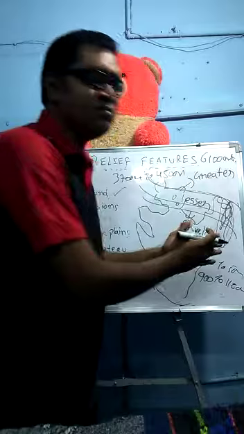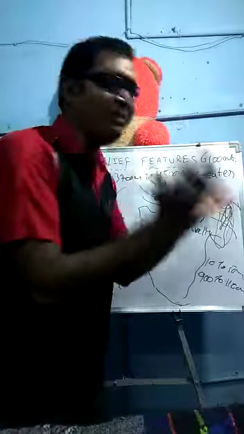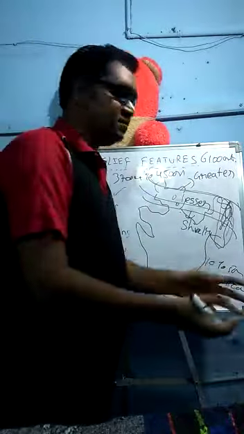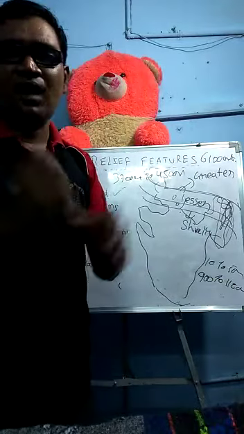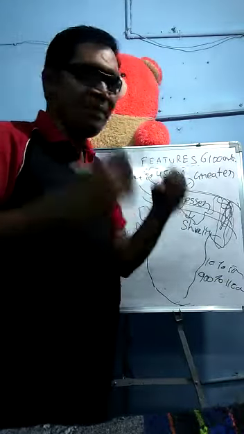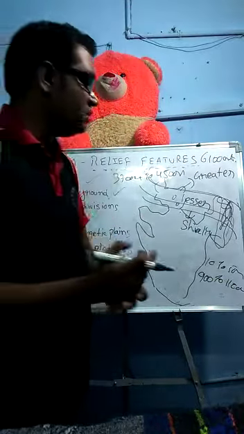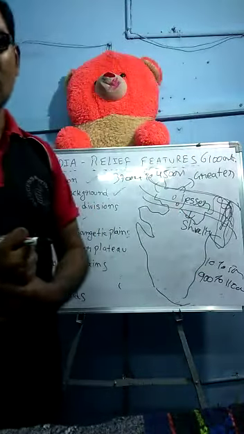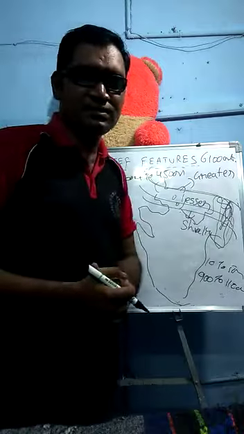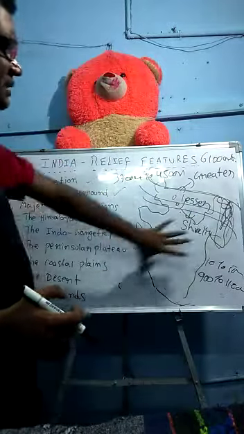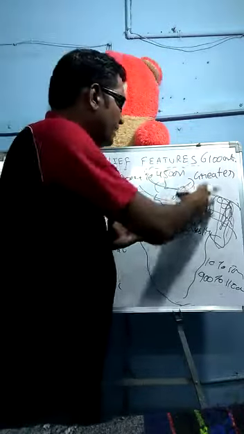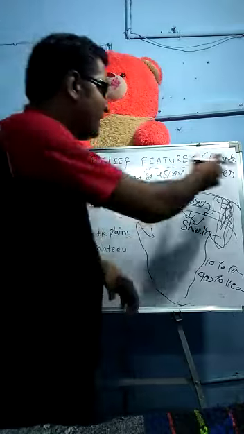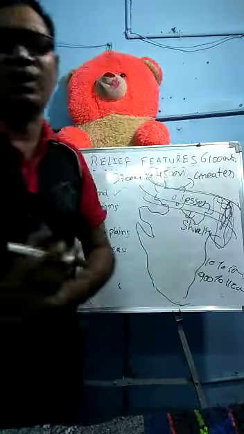This Purvanchal region is a combination of many hills: Naga Hills, Khasi Hills, Manipuri Hills, Mizo Hills. The combination of those hills we call the Purvanchal. So these are the details of the Himalayan ranges: greater, lesser, and Shivalik, whose combination we call the Himalayas.